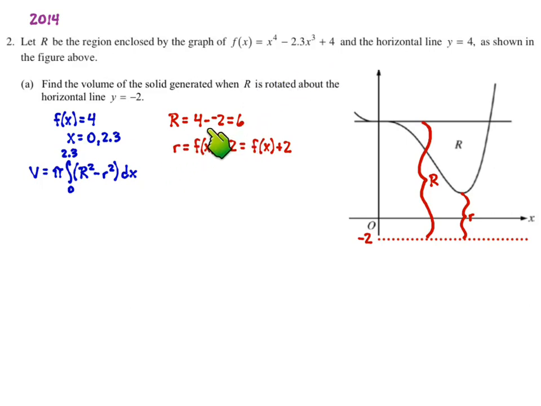So now we're going to plug in our two radii into our washer method here. It's going to be V equals pi times the integral from 0 to 2.3 of 6 squared minus f of x plus 2 squared, and then dx. And again, trying to understand this, the pi is a constant.